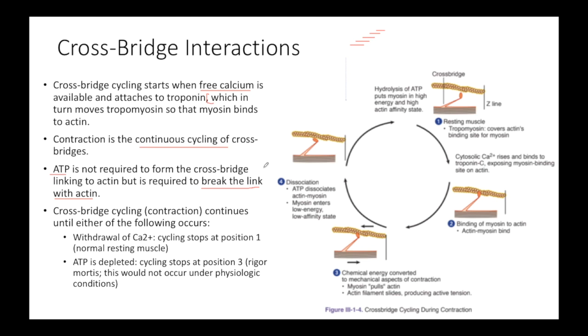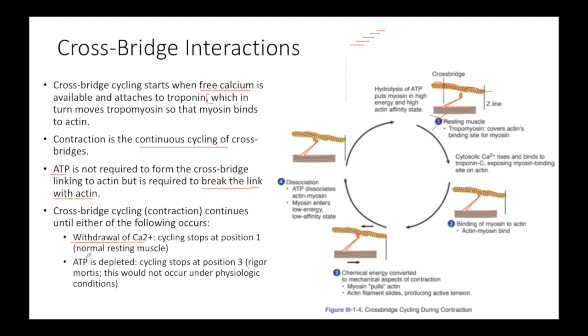And the contraction, again, can also continue until there is a withdrawal of calcium, at which point cycling will stop because our tropomyosin is back to covering our myosin binding sites on actin, so they can't bind, we can't form those cross bridges.